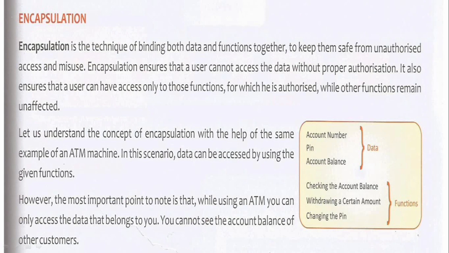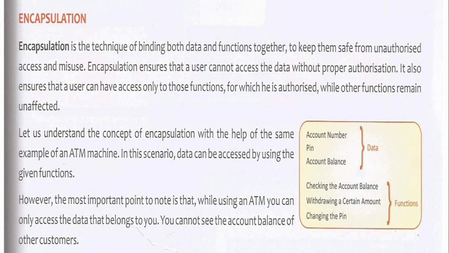Suppose I authorize you only to use my gallery in my mobile phone, and I secure my other applications in my mobile phone with the help of some other security application.